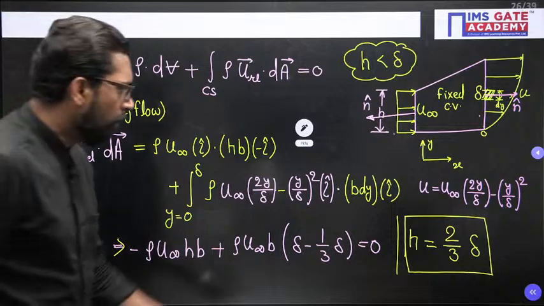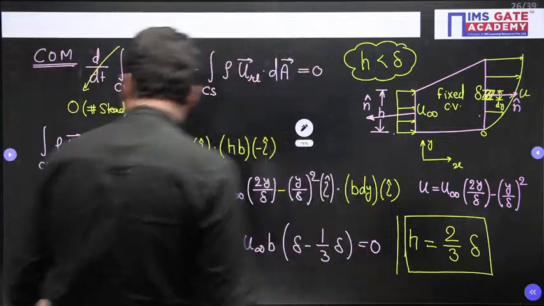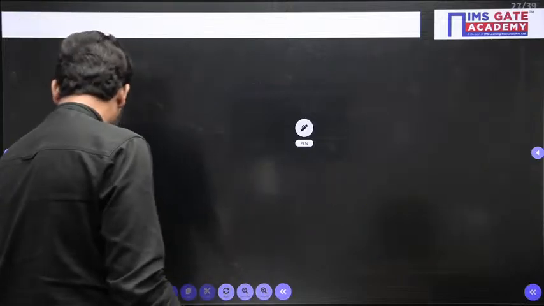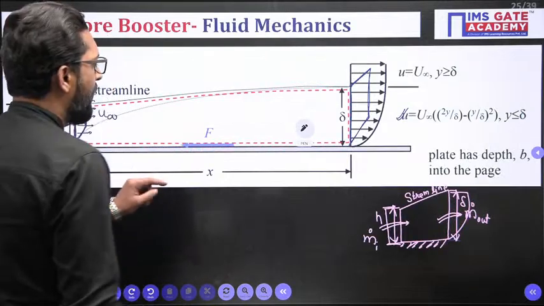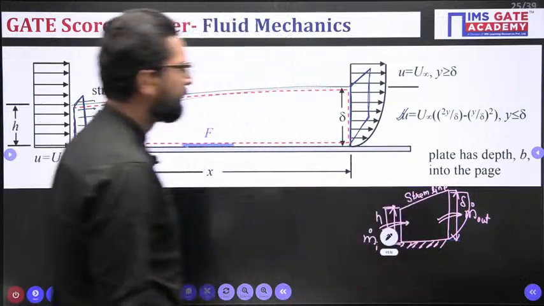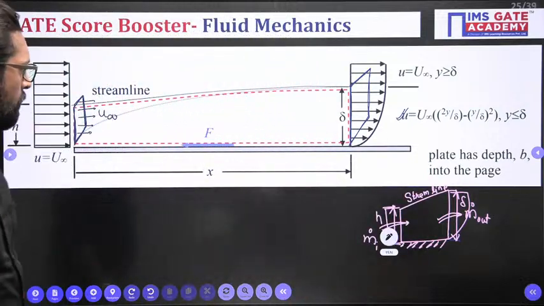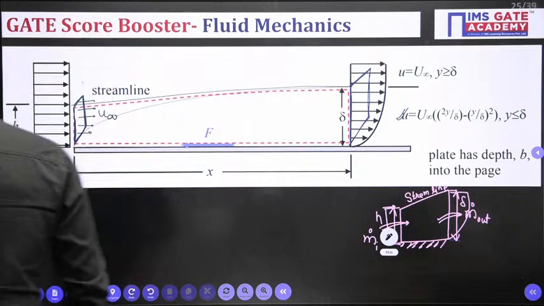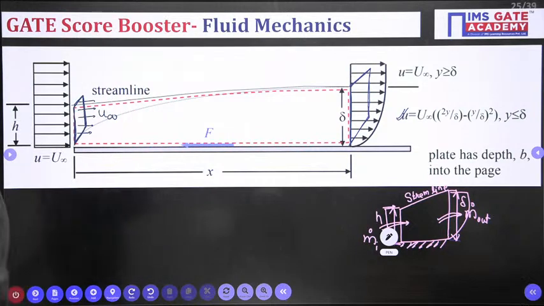Okay. Now if you find the drag force on the plate, that means you apply the integral equation, the momentum integral equation. So my dear, see this one. I give you one clue for that.